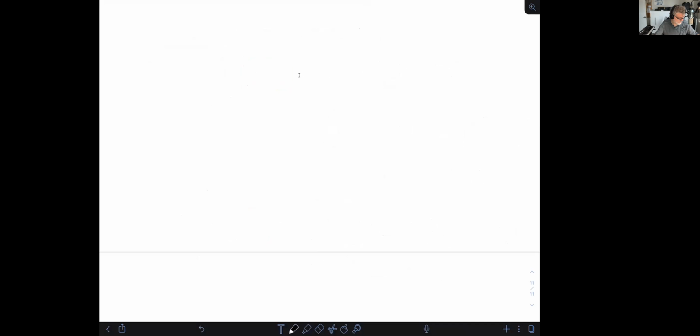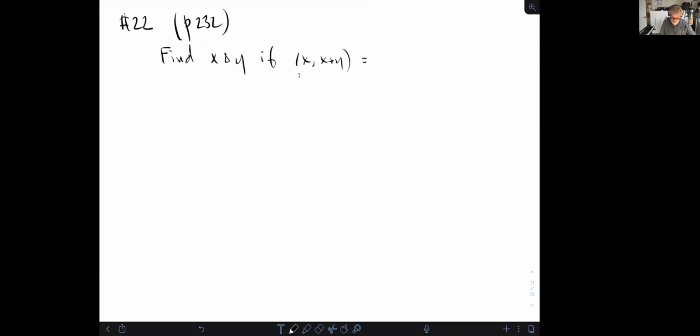So, number 22. This is page 232 again. So, find x and y if the vector (x plus y, y minus 2) is equal to (6, ...). Is that similar?